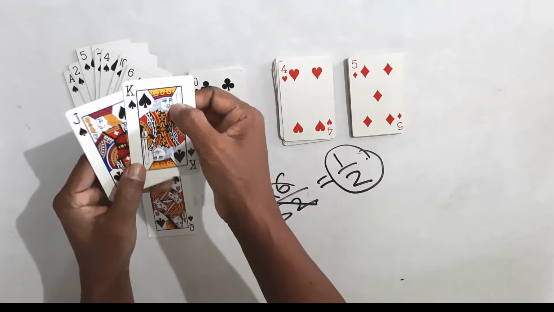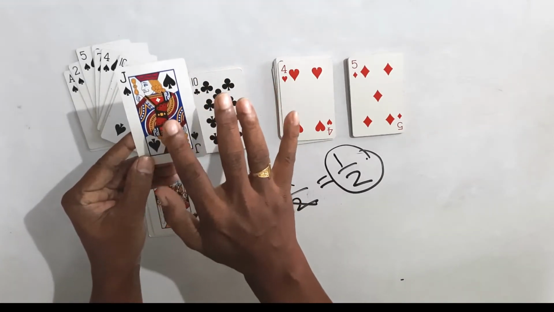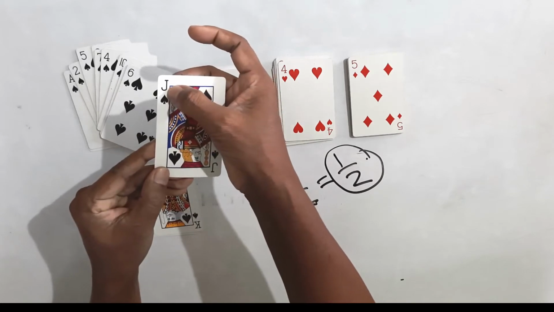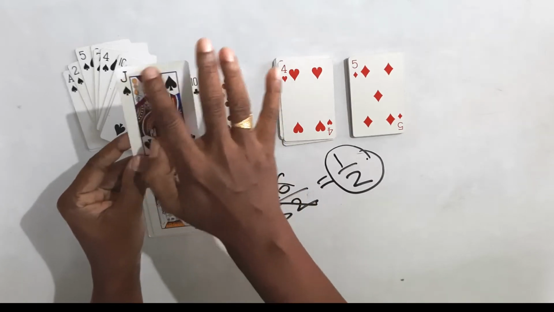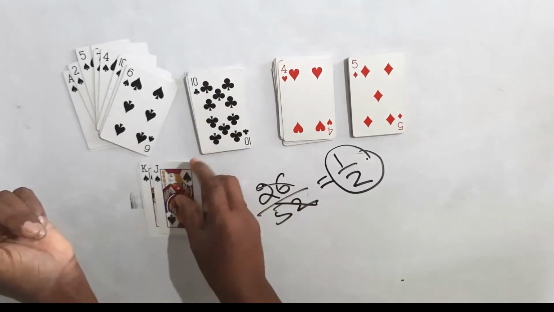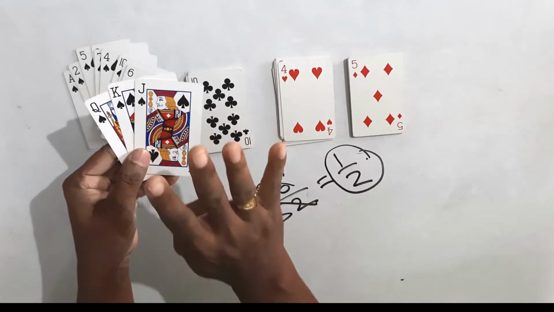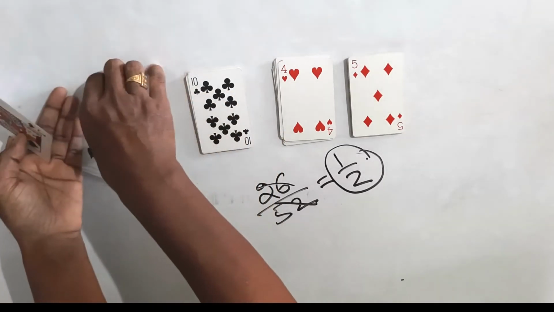So there is also a face. So this is a face card, and this card is known as jack, represented by the letter J, and there is also a face. That is why this is also a face card. So you can say there are a total of 3 face cards in this spade.